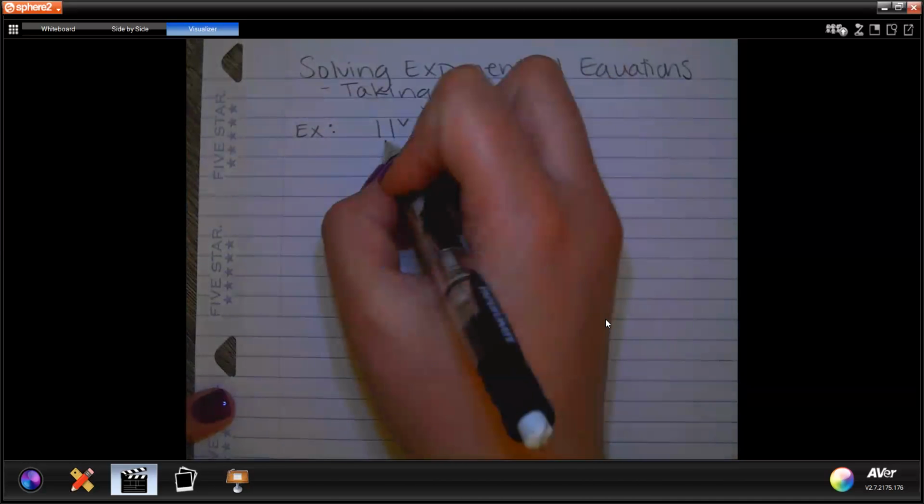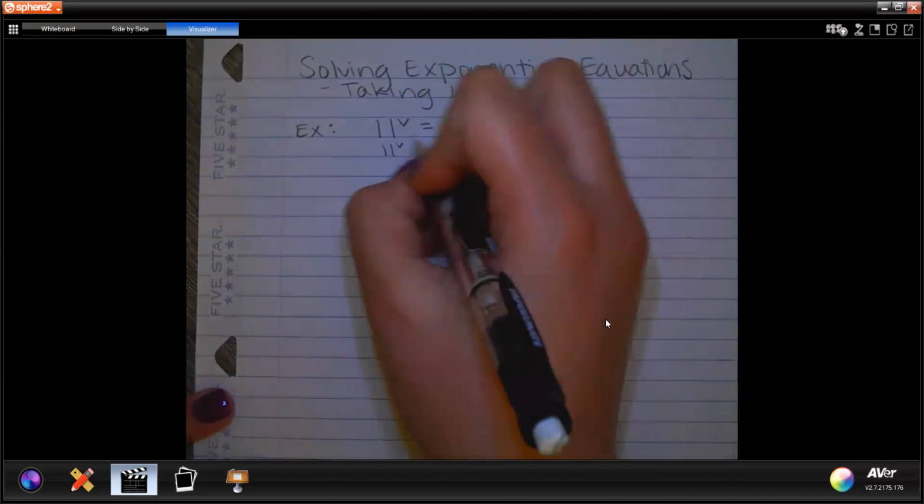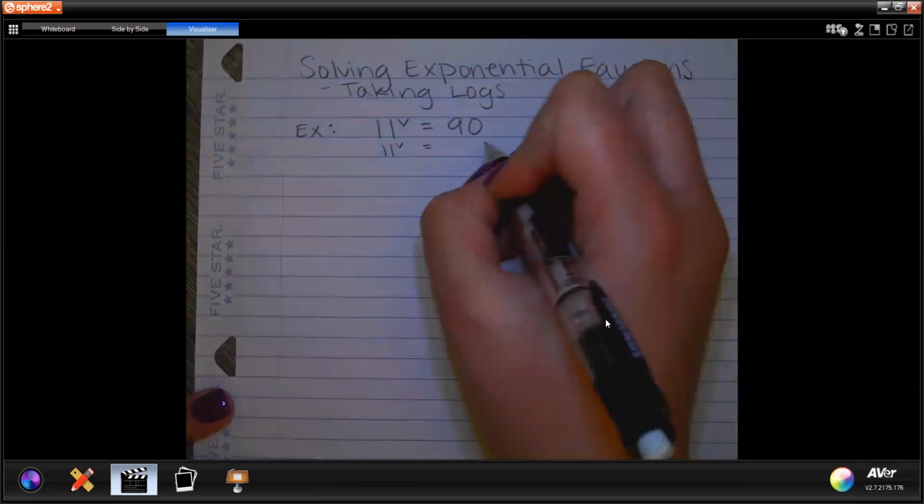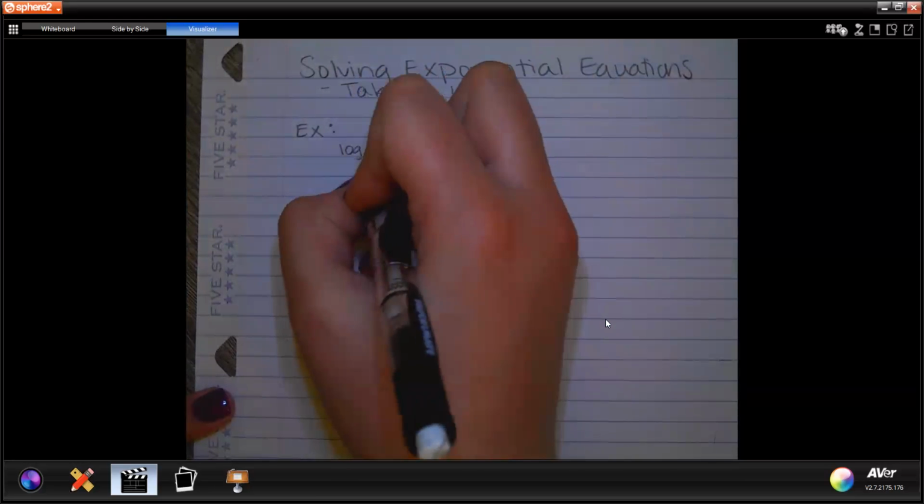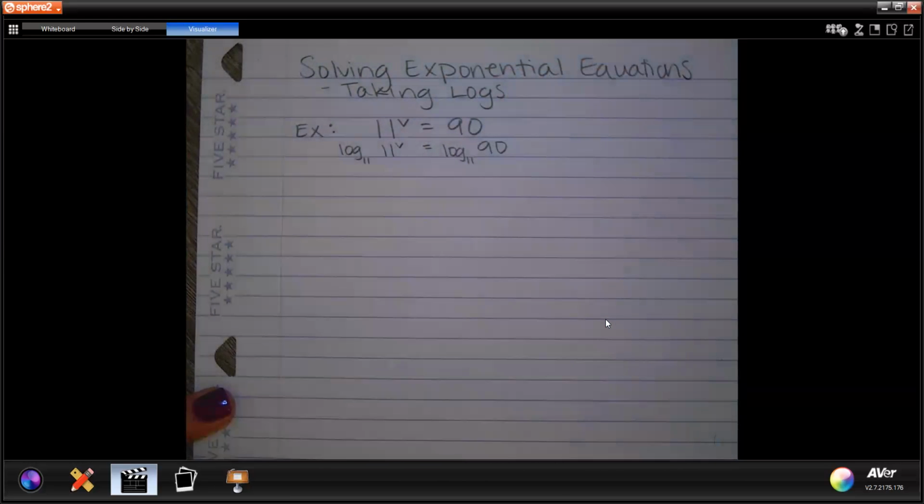I'm going to rewrite this and leave a little bit more space this time. So 11 to the v equals 90. So we log base 11 and log base 11. I did log base 11 on each side.